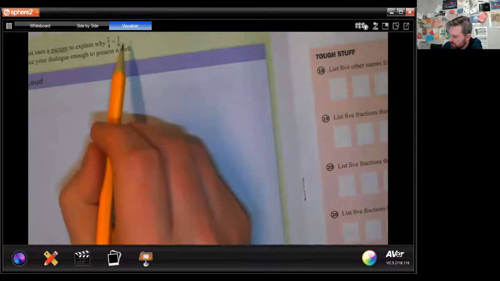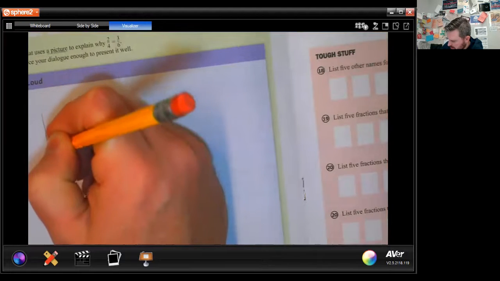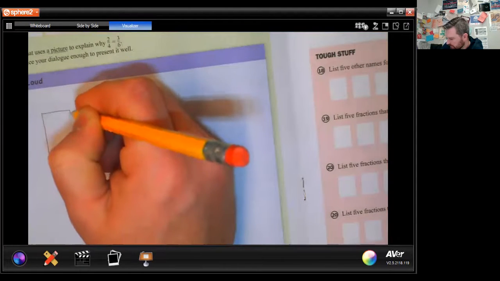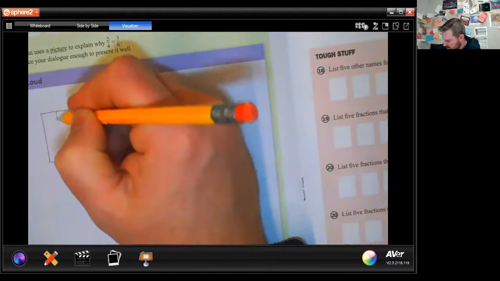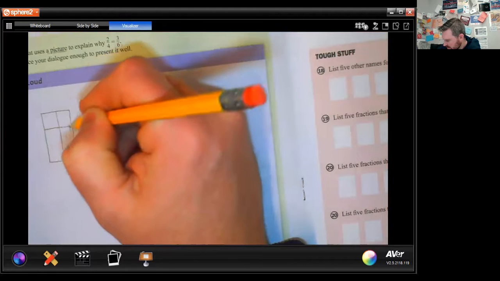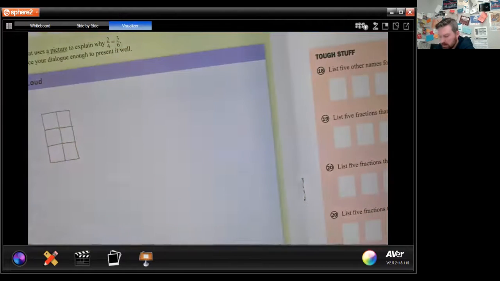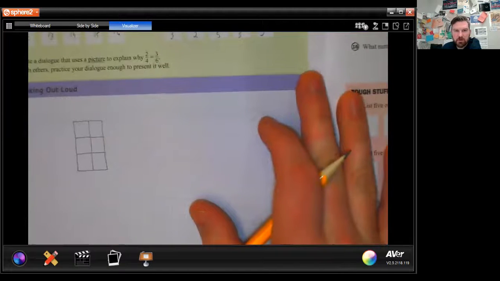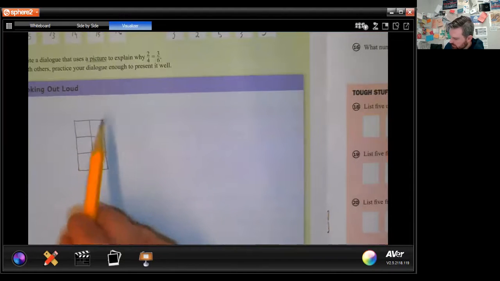So in the end, I need 6 groups, or 6 small boxes. So this is a whole, this is 1. If I split it here, here, and here, that makes 6. And I want 3 of those filled out.